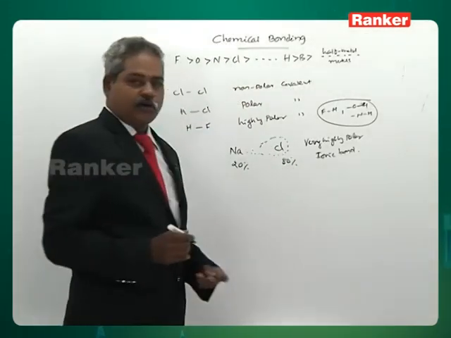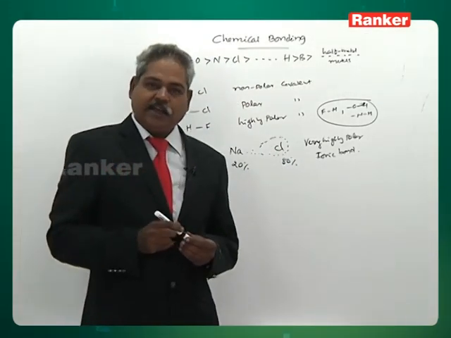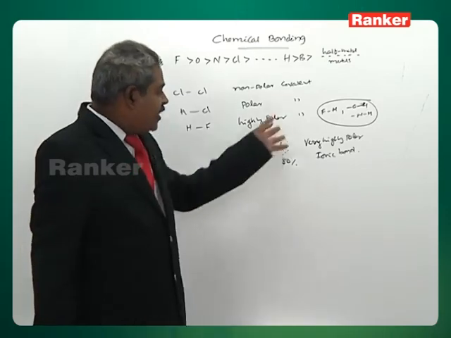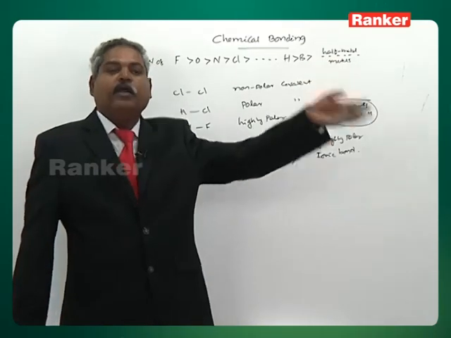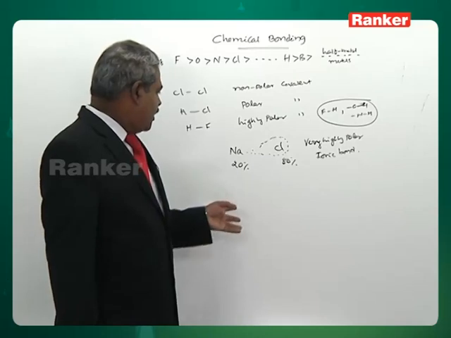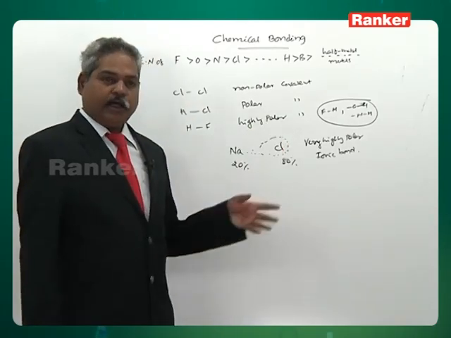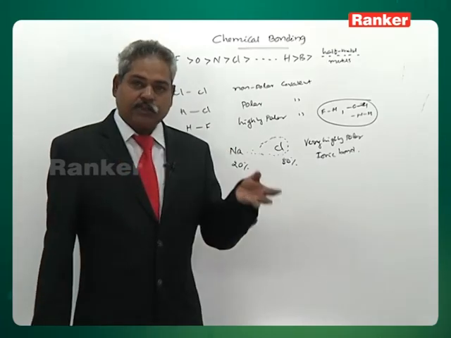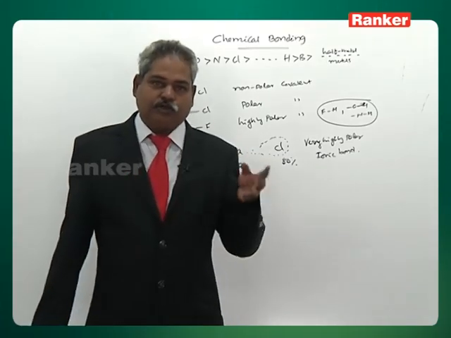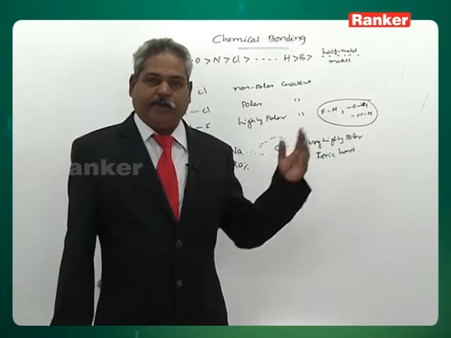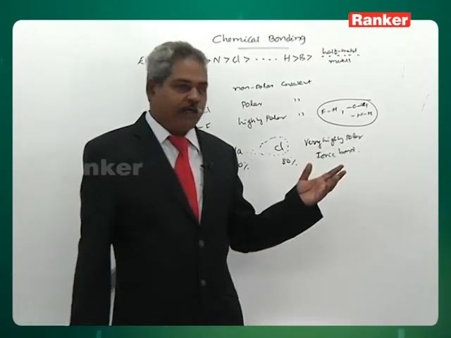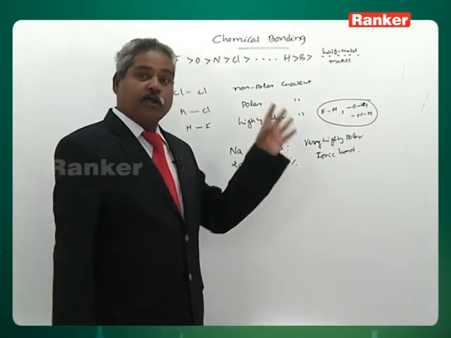So, after all is said and done, an ionic bond is nothing but a very highly polar covalent bond, where we assume that the electron is permanently transferred to chlorine, and the electron is a negative charge. It is not possible to transfer charge completely. However much you try, you may not be able to transfer the electron completely.